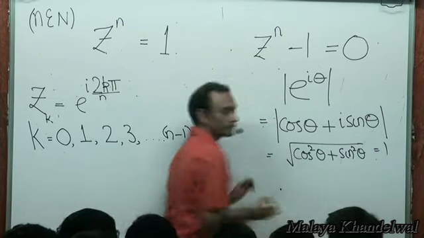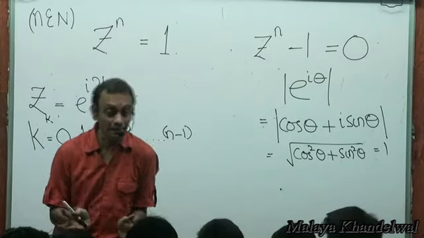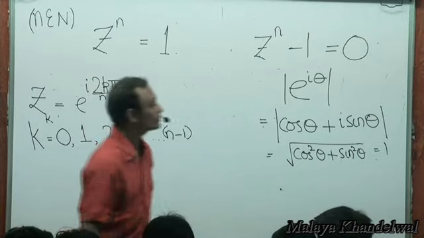Which is 1? Yes or no? Therefore, mod of e power i theta, if theta is a real number, will always be 1. Yes or no?